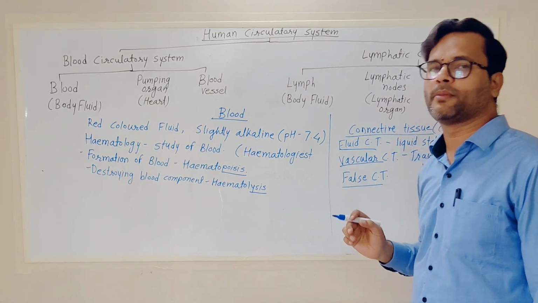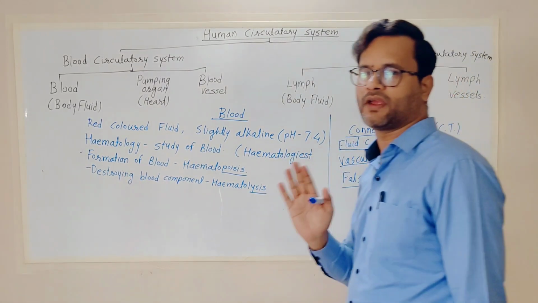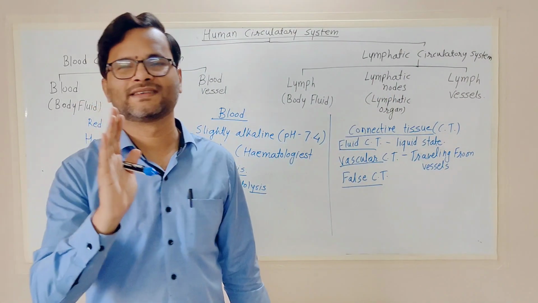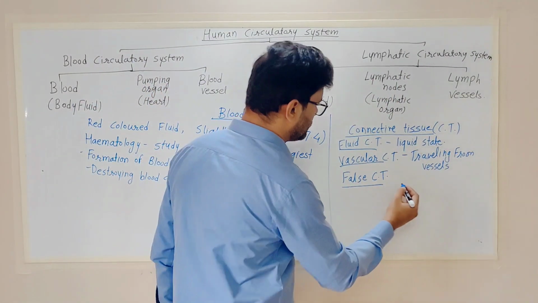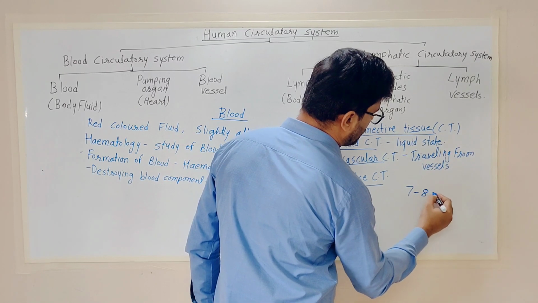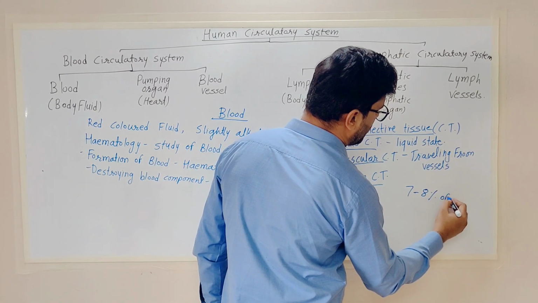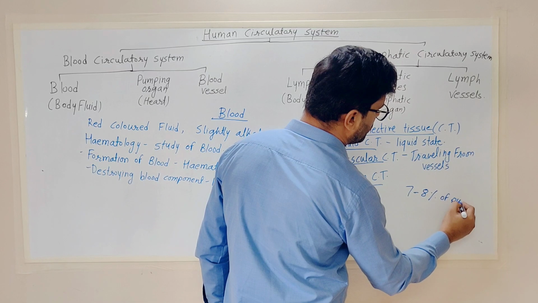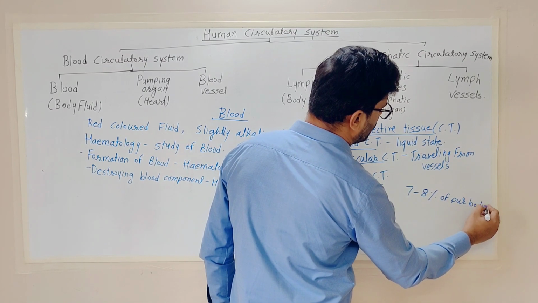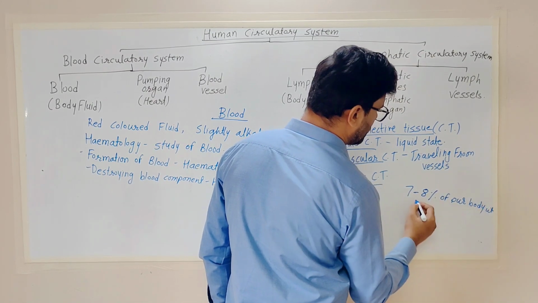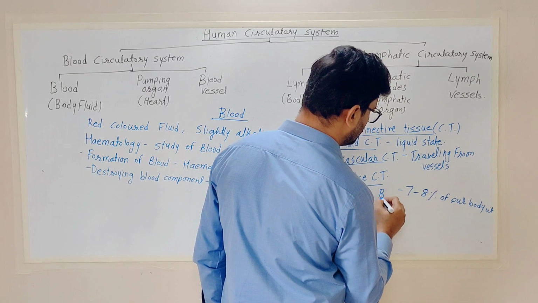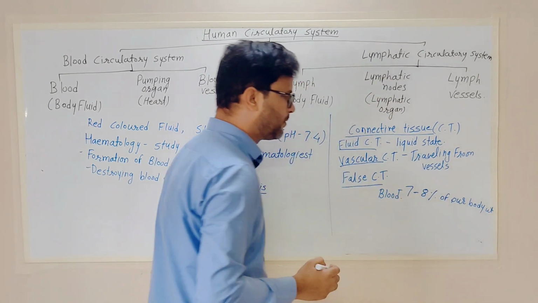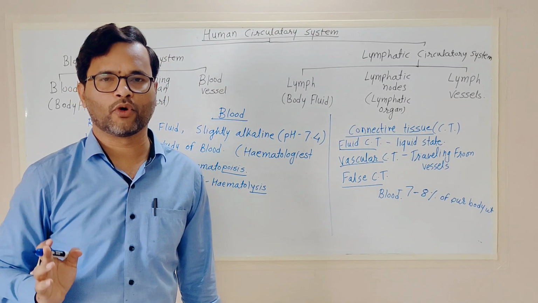Clear? So by weight, our body has 7 to 8% of our body weight as blood. Clear? Blood is 7 to 8% of our body weight.